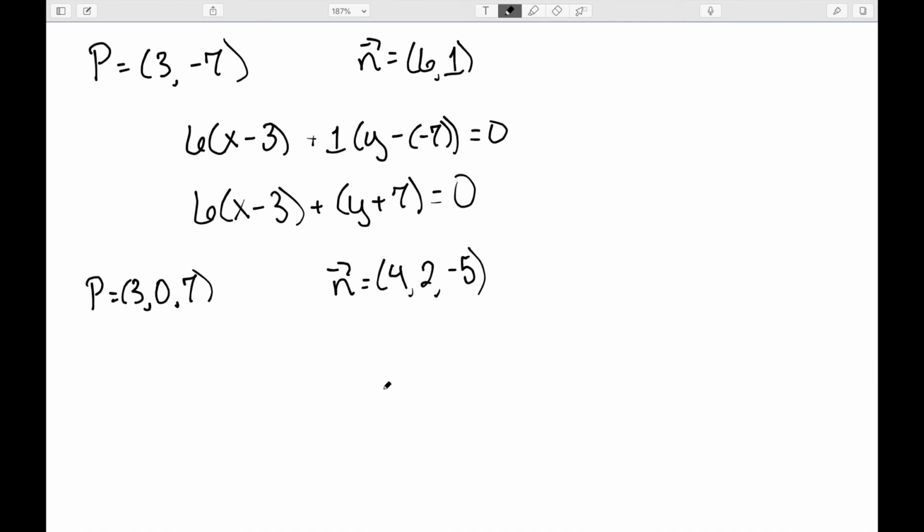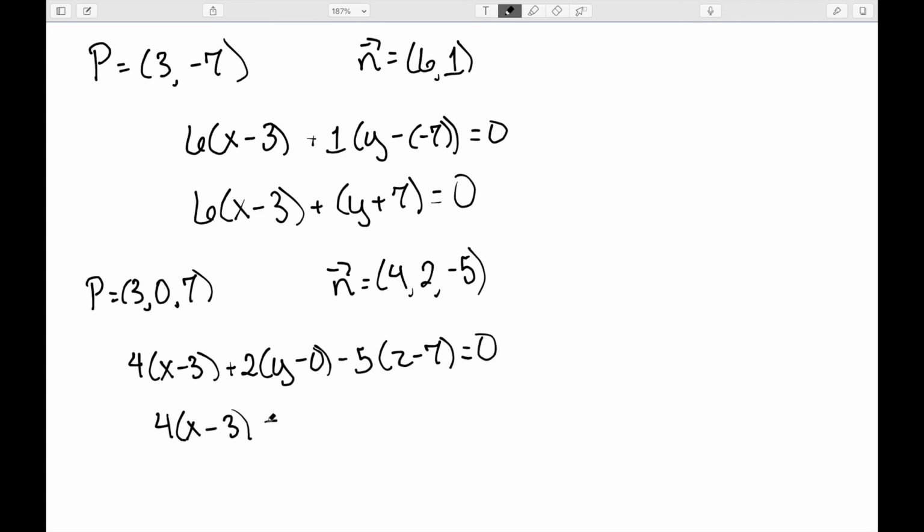If I want to find the equation of the plane that passes through the point 3, 0, 7 and has the normal vector 4, 2, -5, we would do 4 times x minus 3 plus 2 times y minus 0 minus 5 times z minus 7 is equal to 0. We can rewrite this as 4 times x minus 3 plus 2y minus 5 times z minus 7 equal to 0. And when convenient, we could multiply these out and combine constants to get a more compact form.